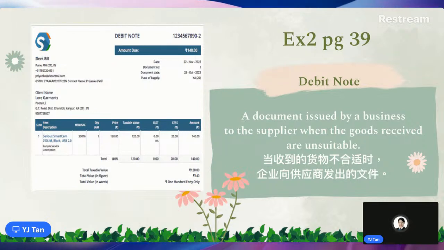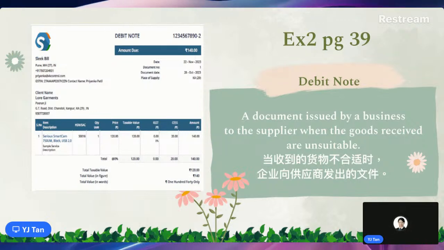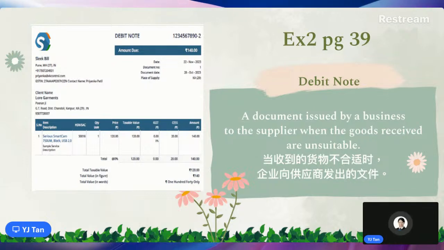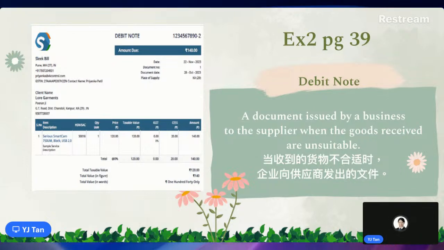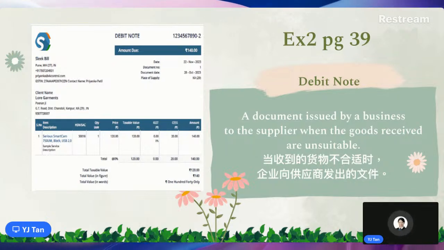For example, upfront the seller agreed to sell to the buyer at a price of, let's say, $10, but in the invoice, maybe someone took it wrongly and put it as $20.